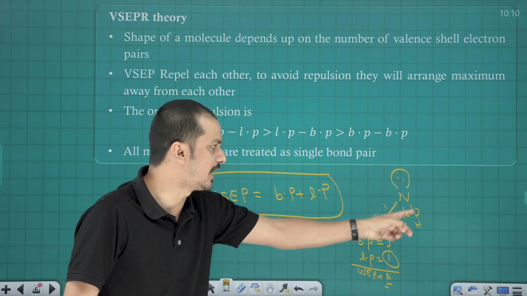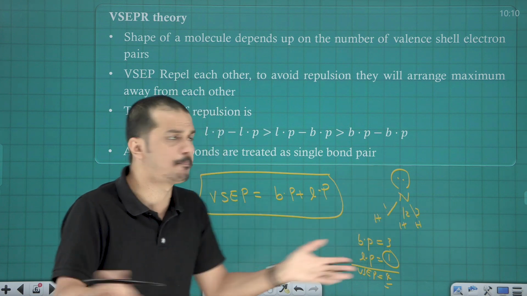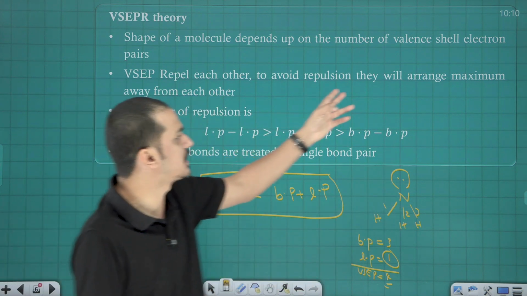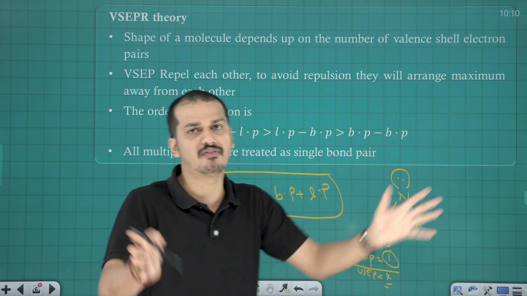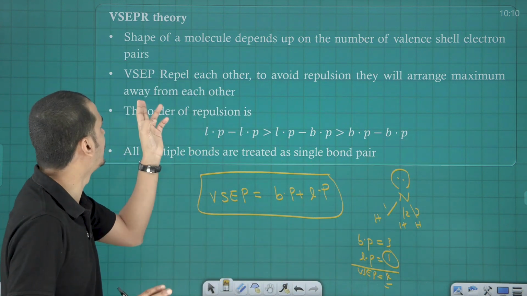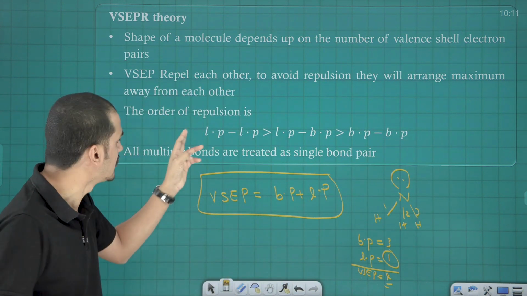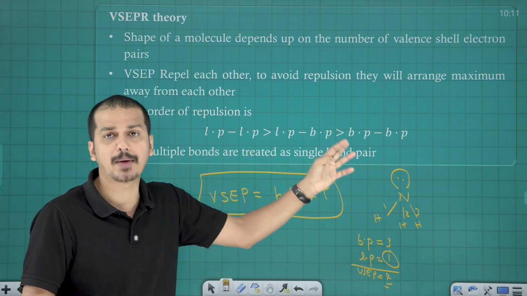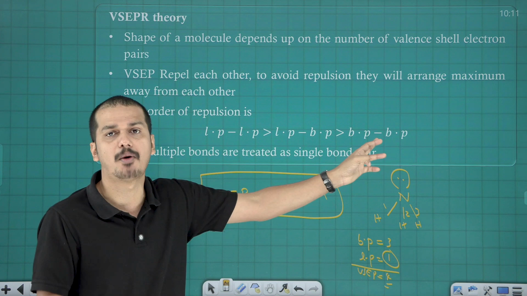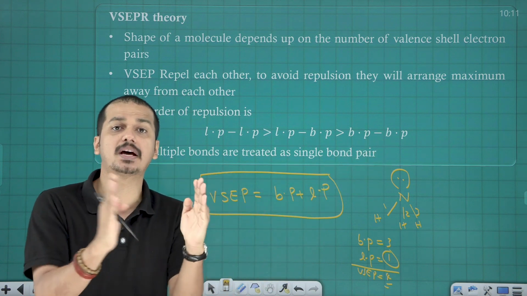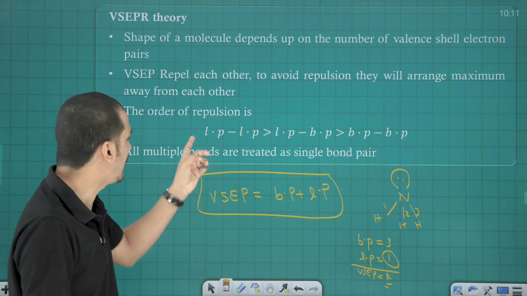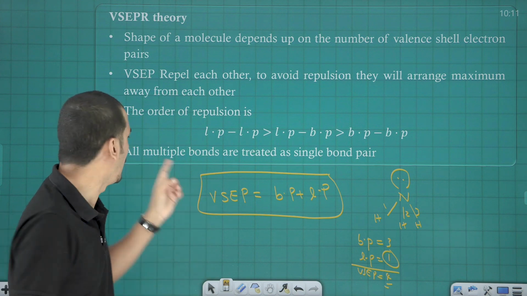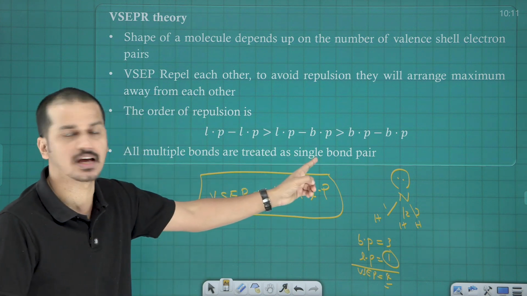This bond pair and lone pair will repel each other. To avoid repulsion, they will arrange as far away from each other as possible. And then the order of repulsion is lone pair-lone pair repulsion is always greater than lone pair-bond pair repulsion, and bond pair repulsion is lesser than lone pair. As well as all multiple bonds are treated as what?